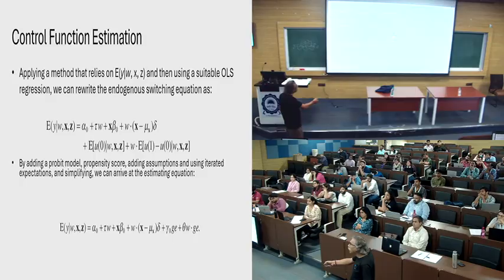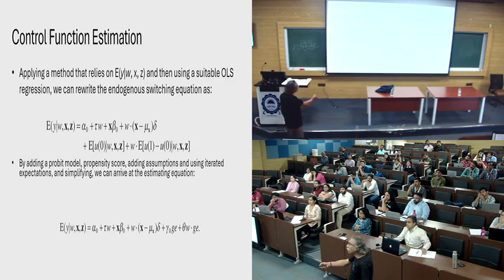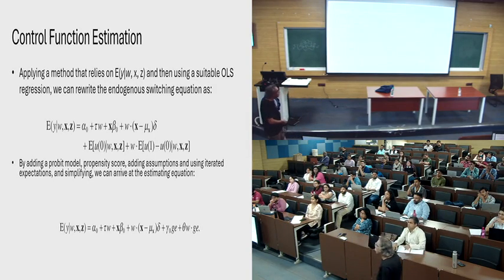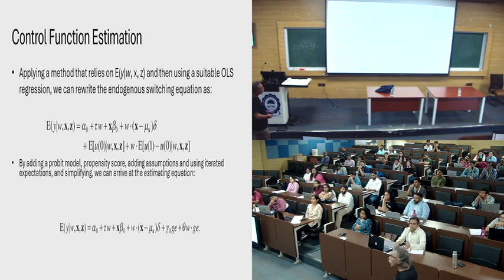When W is equal to 0, this goes away; you don't have that. When W is equal to 1, then only you have it. So when W is equal to 0, you have alpha 0 plus x beta 0. When W is equal to 1, you have tau plus x minus mu x times delta. Clear? We can do a lot of things here, add a probit, propensity score, whatever, we'll come to that.